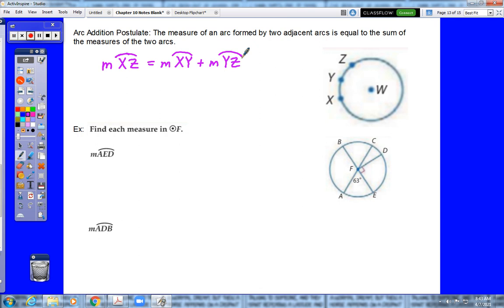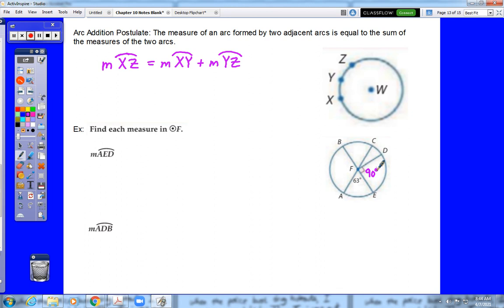Okay? So over here we've got one central angle. Actually, we have two. We have angle AFE marked as being a 63-degree angle, yes? And we have angle DFE marked as being a right angle, meaning it measures 90 degrees. Now, it is safe to assume that F is the center of the circle. That makes AC a, what kind of line segment?